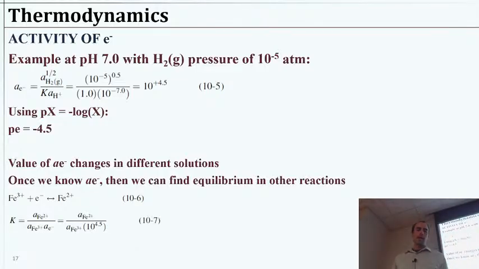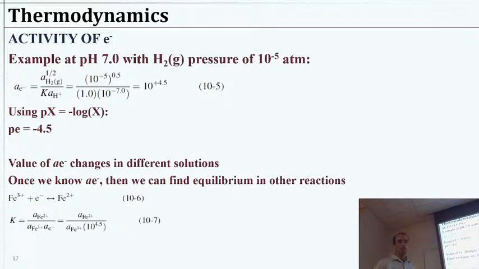Okay, so back to the activity of an electron. Using this convention, we could actually do some calculations. If we have some activity of the H plus that we just talked about, with that K value defined as 1, we could find the activity of an electron. We are given an example of a system at pH 7, so H plus is 10 to the minus 7, with some amount of H2 gas present.